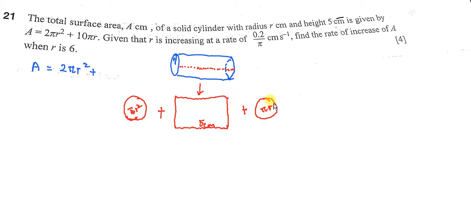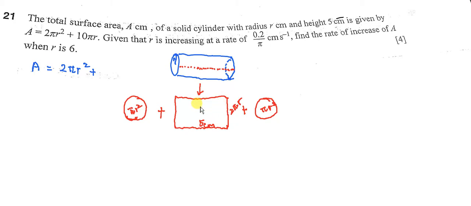Pi r square. Now, what about this length? Actually, this length is the same as the circumference of this round shape. So what is this circumference here? Actually it is 2 pi r. Okay.